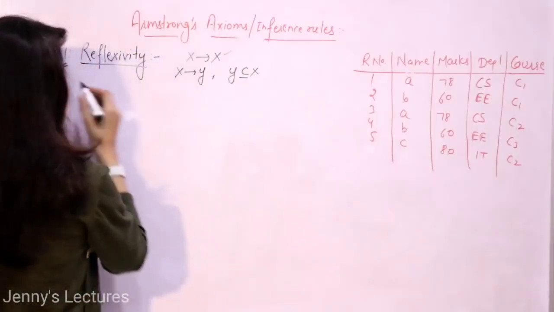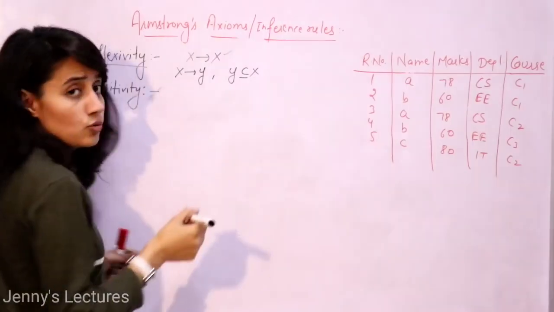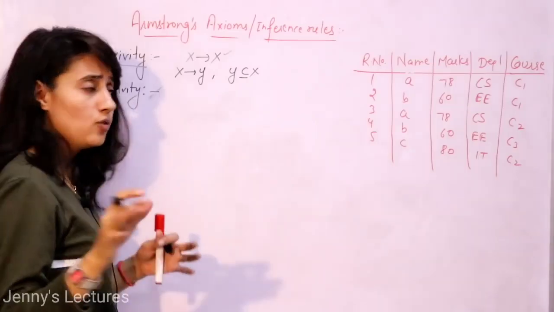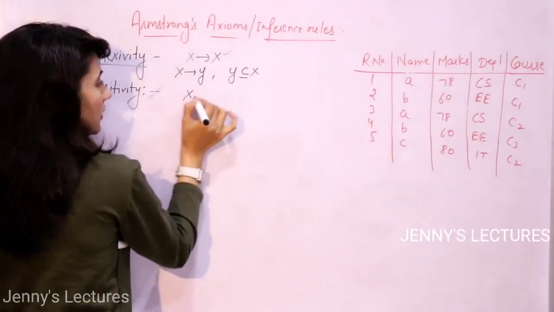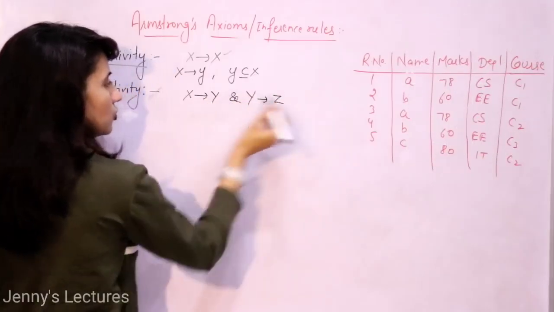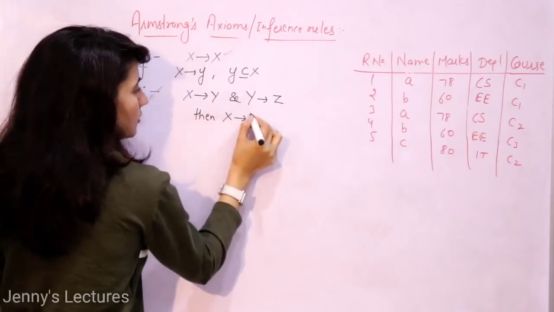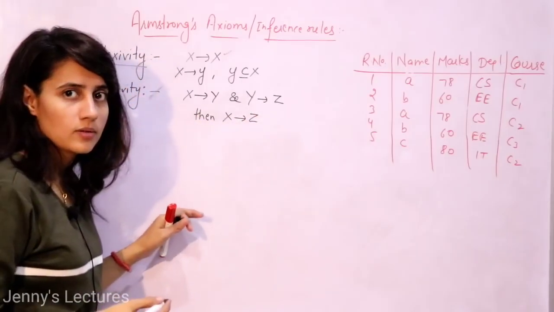Now the next rule is transitivity. So what is this rule? If I ask you this, many of you will say that X determines Y, Y determines Z, then X determines Z, right? Fine.